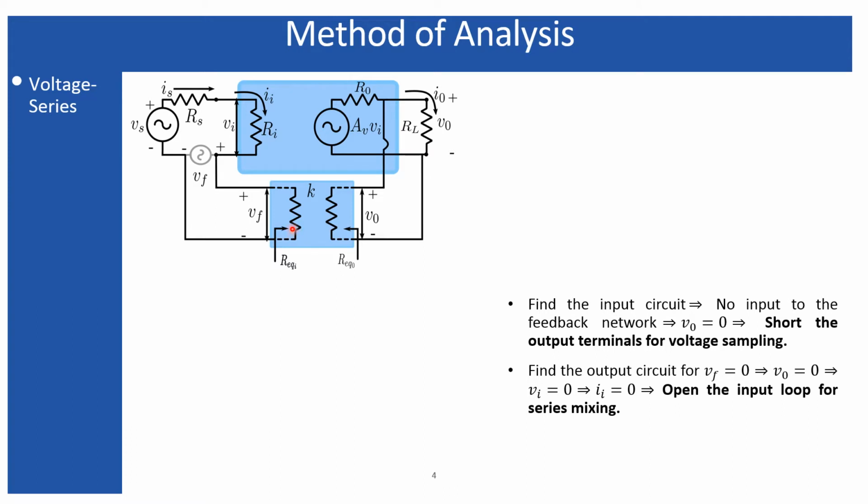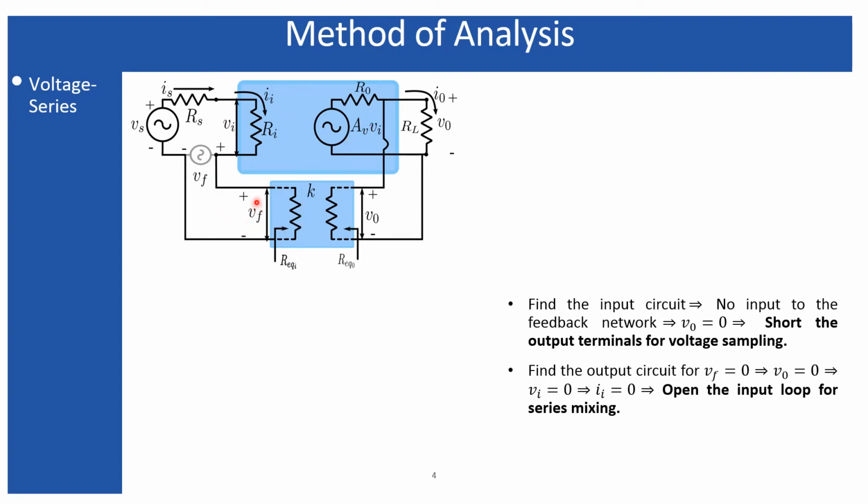Now, our objective is to incorporate these equivalent impedances into the original circuit. Original circuit means the circuit of the base amplifier. Because when the models are represented in this form, it will be difficult for us to analyze such a circuit keeping the orientation as shown over here. So we have to incorporate the equivalent impedance of the feedback network into the original circuit.